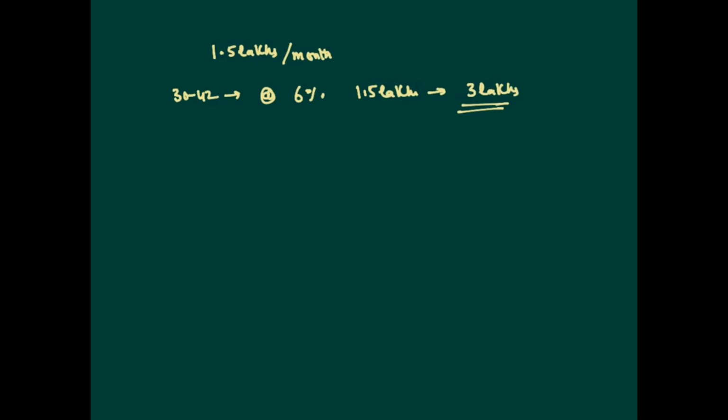So without changing your lifestyle, even if you have to maintain your lifestyle, you will require 3 lakhs. But suppose you change your lifestyle, because after all, you want higher standard of living, you want better cars, better electronic stuff, new mobiles. So I am going to put another 50% of this. So you will require, say, 4.5 lakhs per month.